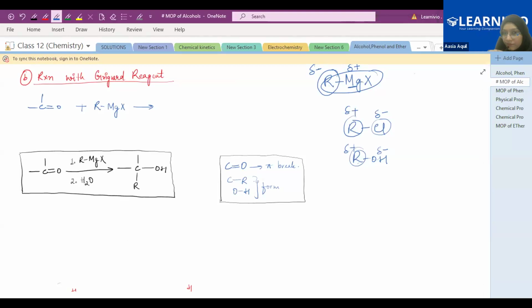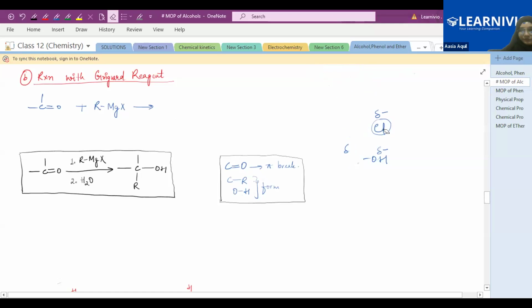Yes, ma'am. Okay. Now just try to understand this mechanism: the reaction of a carbonyl compound with the Grignard reagent. This is a carbonyl compound, the CO group. If I attach an R group and an H here, it becomes your aldehyde.